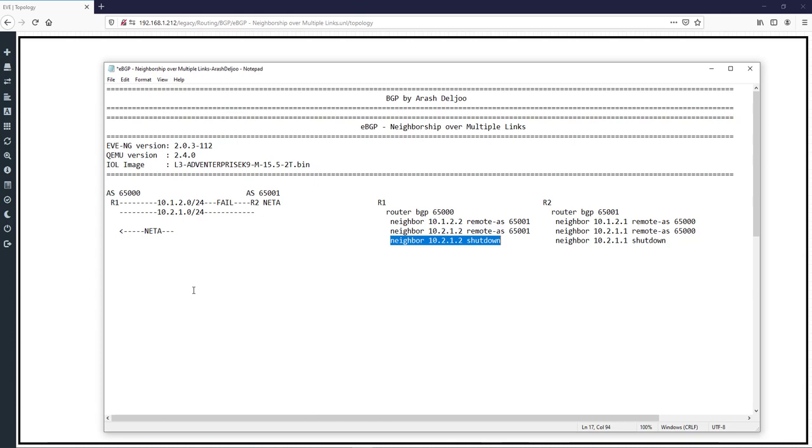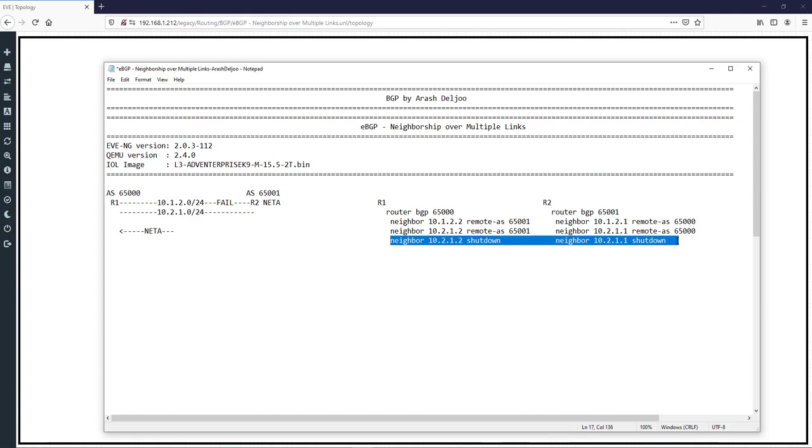We need, when the upper link goes to down state, to immediately use the other link, 10.2.1.0. And also we need some type of load balancing or load sharing among these two routes. Because of that, the second solution, where we shut down a neighbor and then enable it after the failure of one link, is not okay.